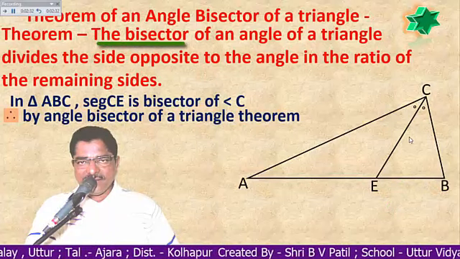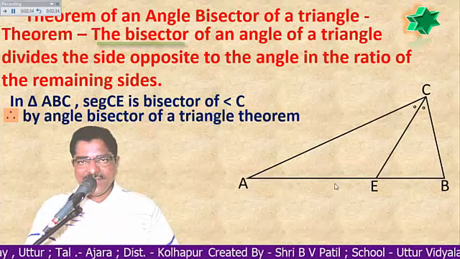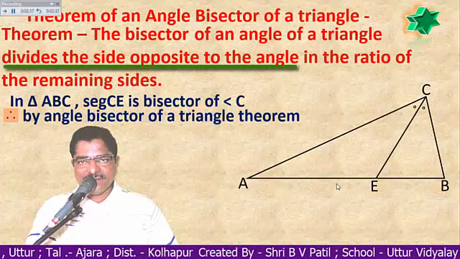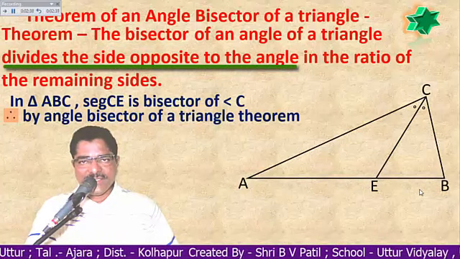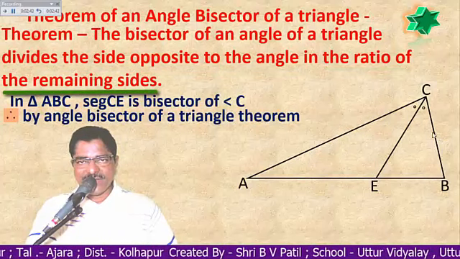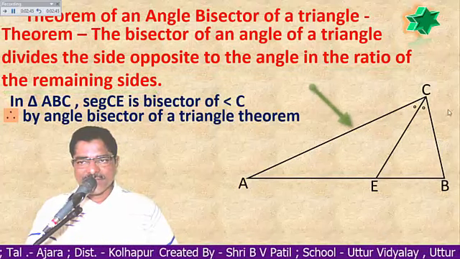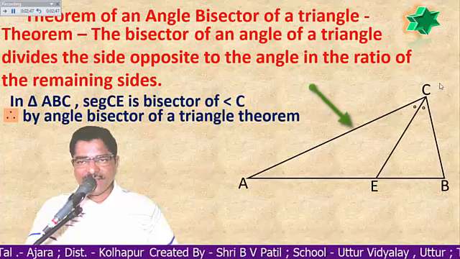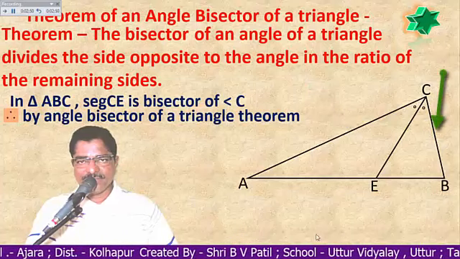Then that bisector divides the side, and its ratio is equal to the ratio of the remaining sides. Which are the remaining sides? Side CA and side CB.